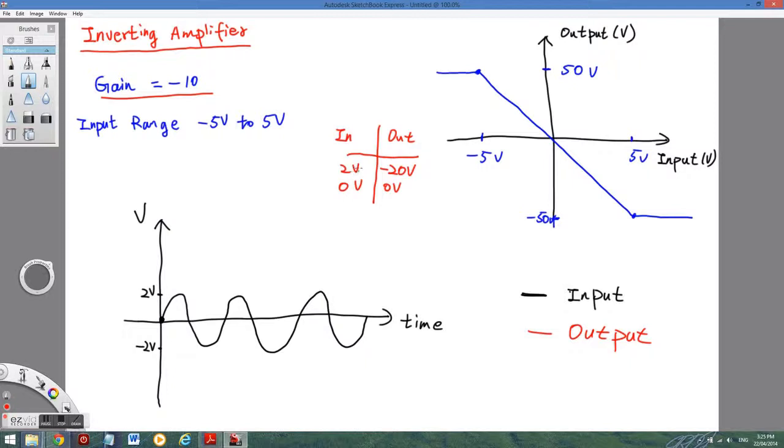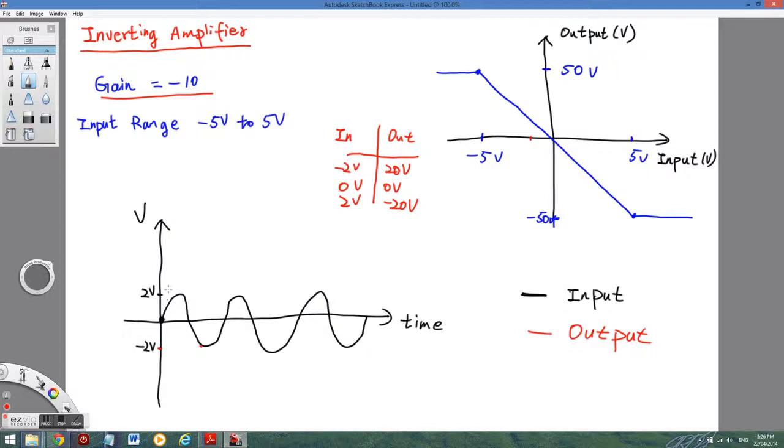Now, actually, let's do this the other way around. If I have 2 volts, it will be minus 20 volts. Again, if I have minus 2 volts as the minimum input voltage, then the output, minus 2 times minus 10, goes up, it's going to be positive, it's going to be 20 volts.